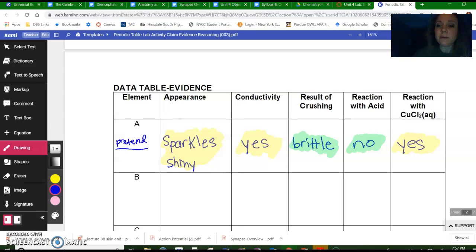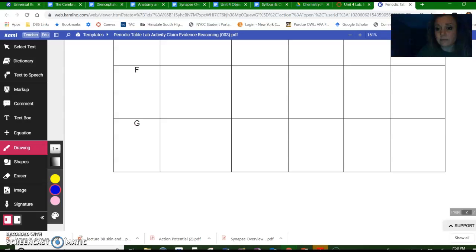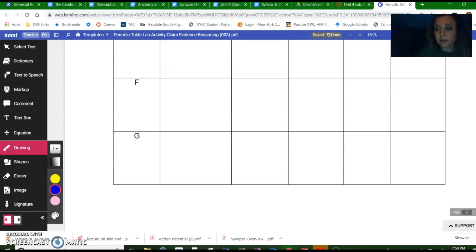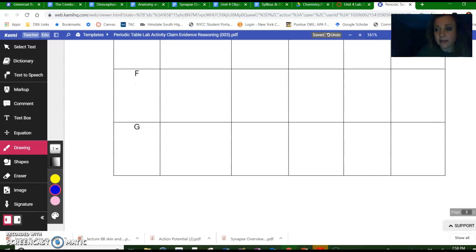But it resembles a nonmetal because it is brittle when it got hit with the hammer and it did not react with acid. Therefore, because it contains characteristics of both metals and nonmetals, I'm going to categorize it as a metalloid. So I'm going to type that. I think that'll be faster on my last page here.